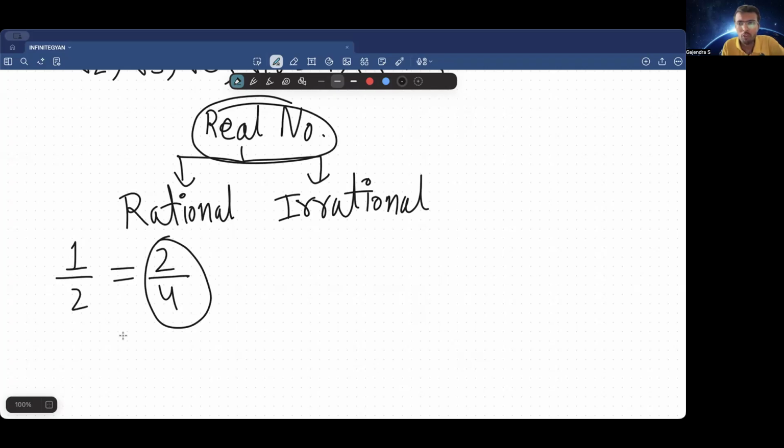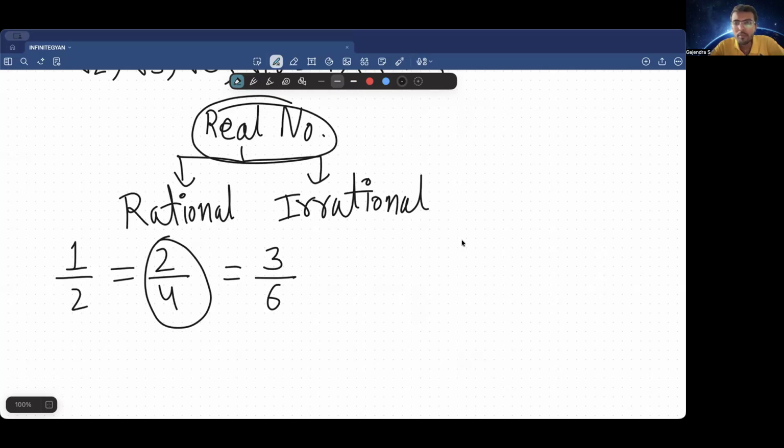Similarly, for all other rational numbers, you can find equivalent fractions by multiplying numerator and denominator by a common multiple. If you multiply 1 by 2 by 3 in both the numerator and denominator, it becomes equivalent fraction 3 by 6. So these three are equivalent to each other, right? These are called equivalent fractions.